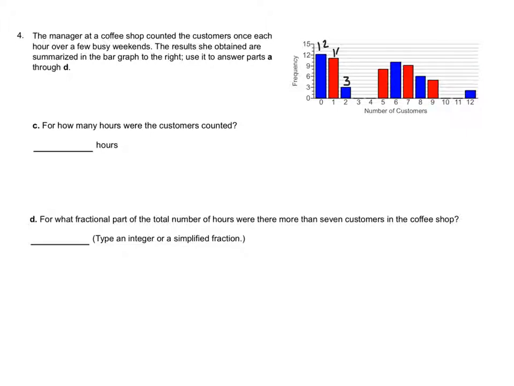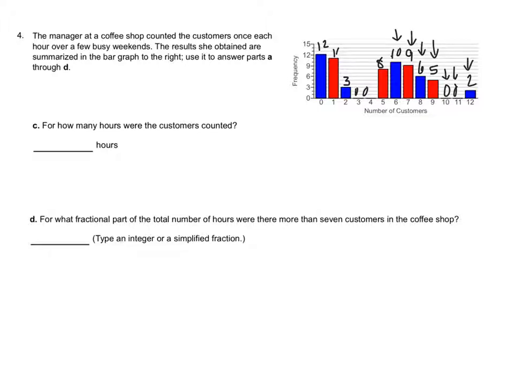The frequency for the fourth and fifth bar are 0 here. And then the next bar would be 8. And then we have 10, 9, 6, 5, 0, 0, and 2.